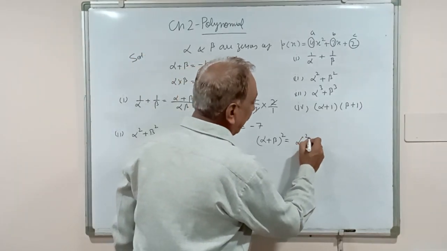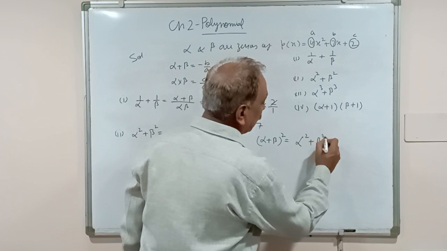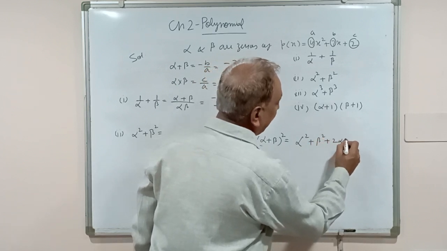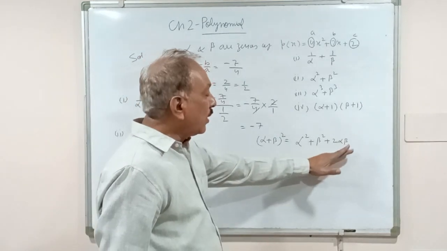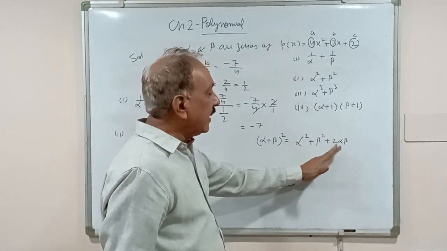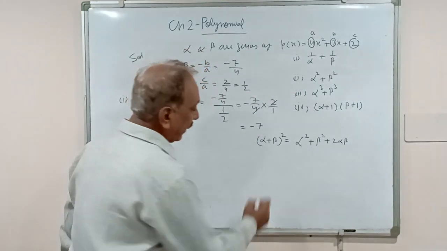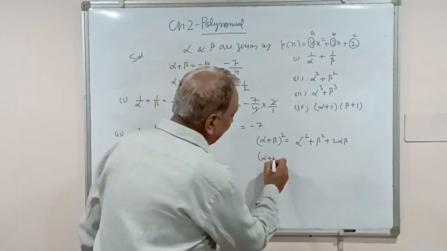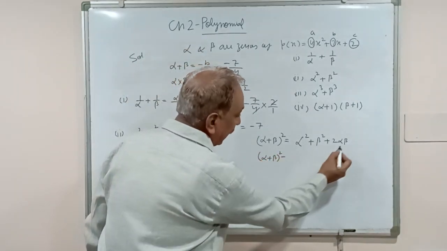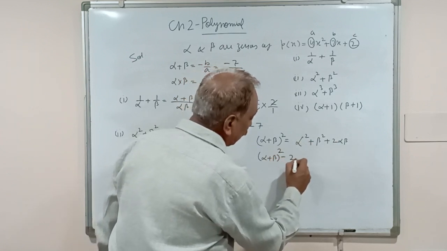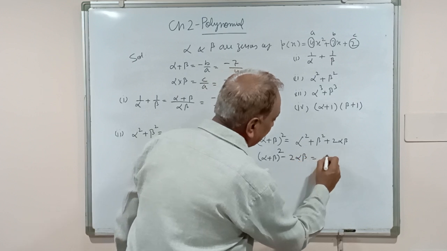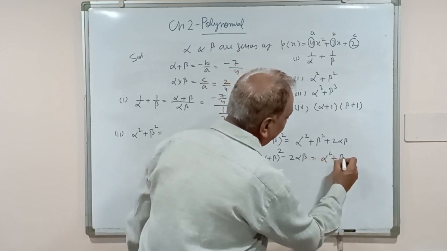So this is alpha square plus beta square plus 2 alpha beta. Alpha square plus beta square plus 2 alpha beta or alpha square plus 2 alpha beta plus beta square, both are same. Alpha plus beta whole square, 2 alpha beta transfer to the left hand side, minus 2 alpha beta, this is alpha square plus beta square.